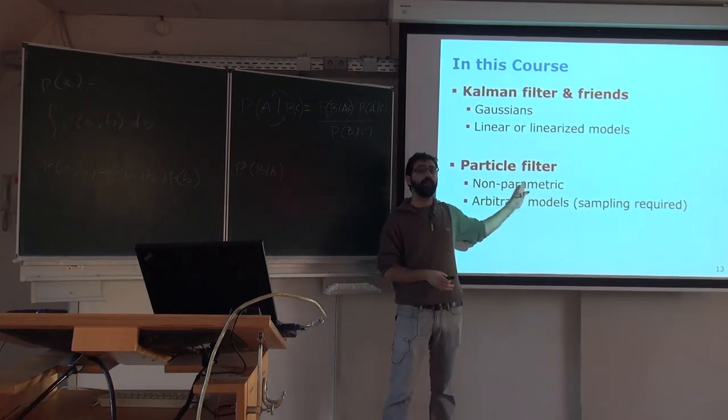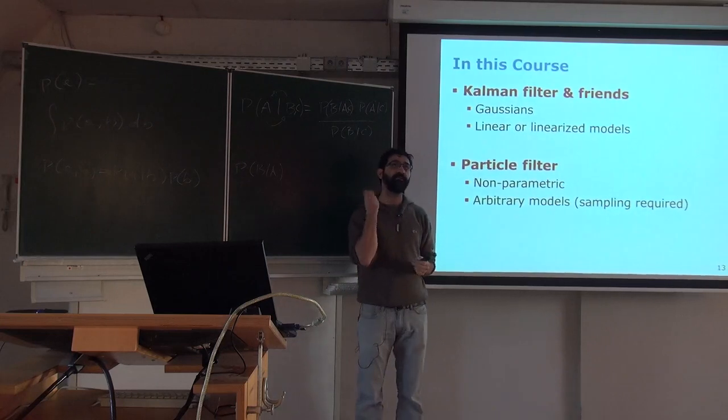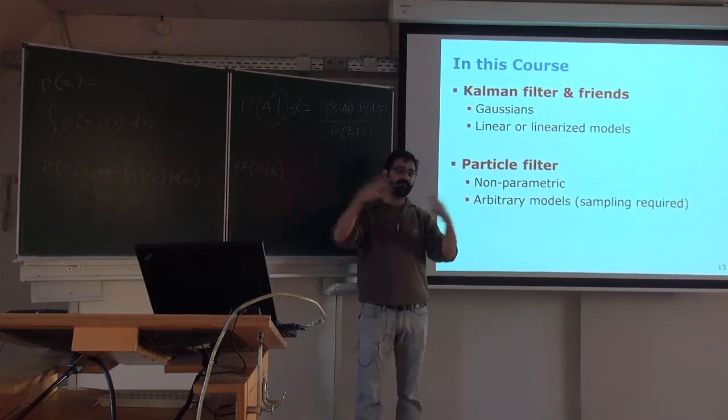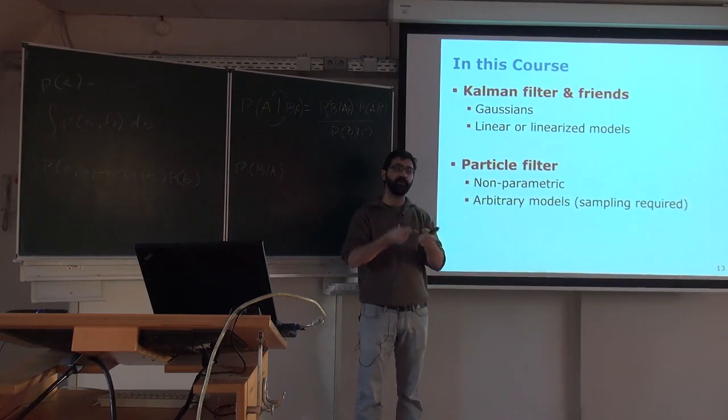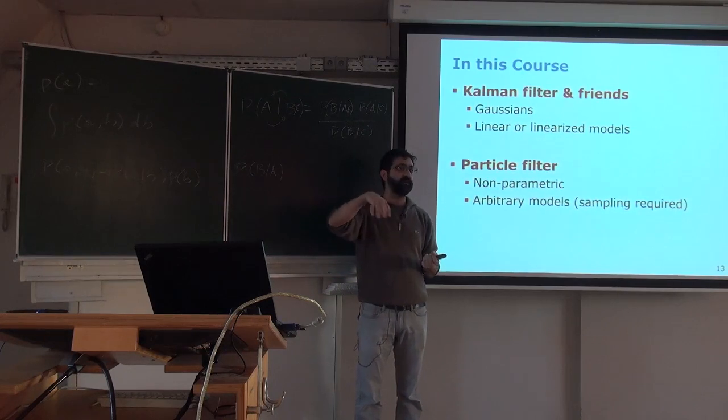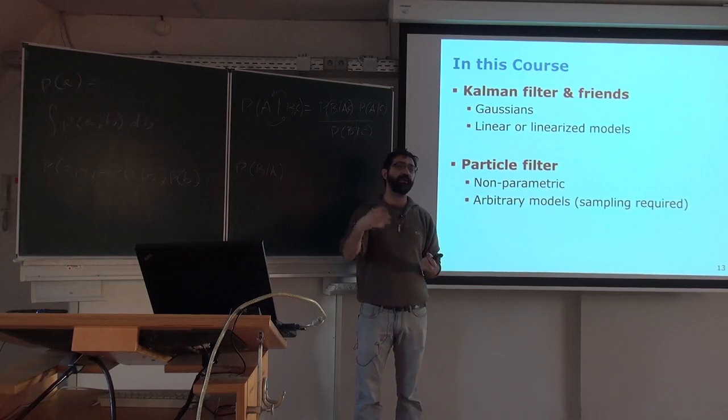The way they work is that instead of having one parameterization of the probability space, they just take samples out of the probability space, and whenever you want to know the probability of the state being in a certain area, you take the samples in that area and, in a way, you sum them up. And once you sum them up, with something connected to them called the weight, you get an idea of how probable it is that your robot is in a certain area.